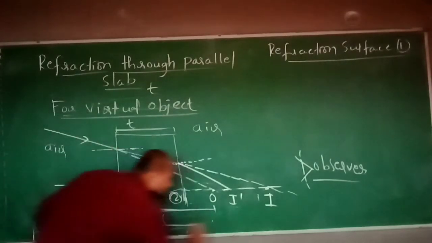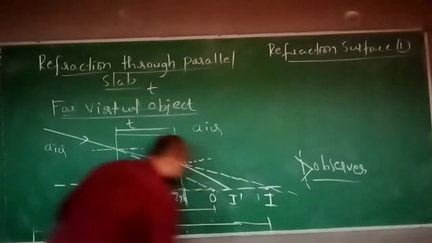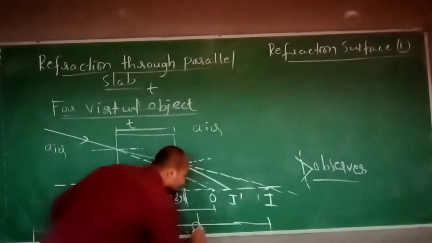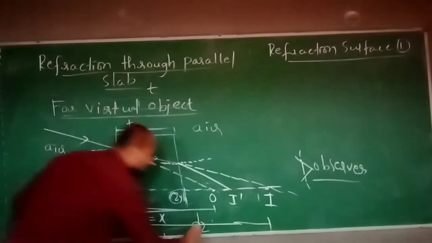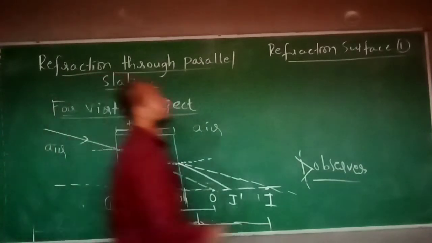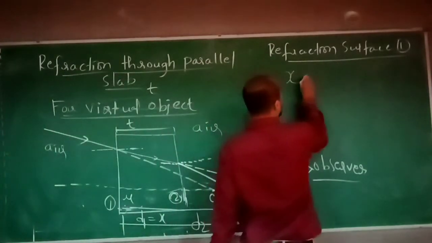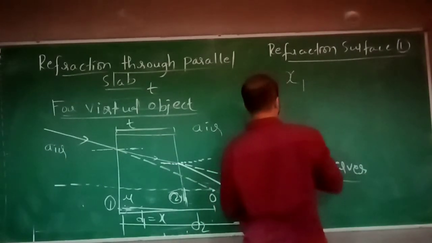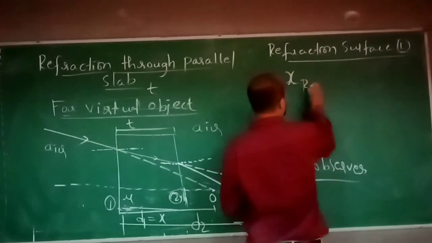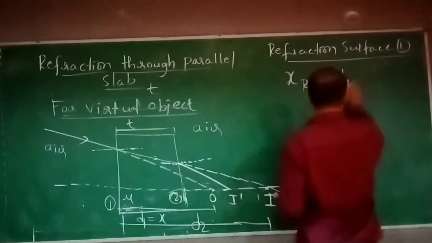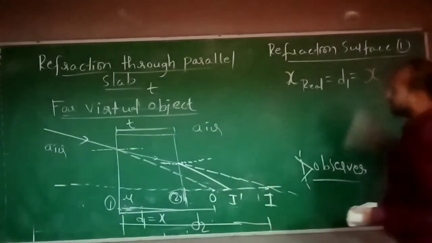Let us consider this distance as d2. Are you understanding? This is d2. So for refraction through surface 1, the real depth is d1, which is equal to x.